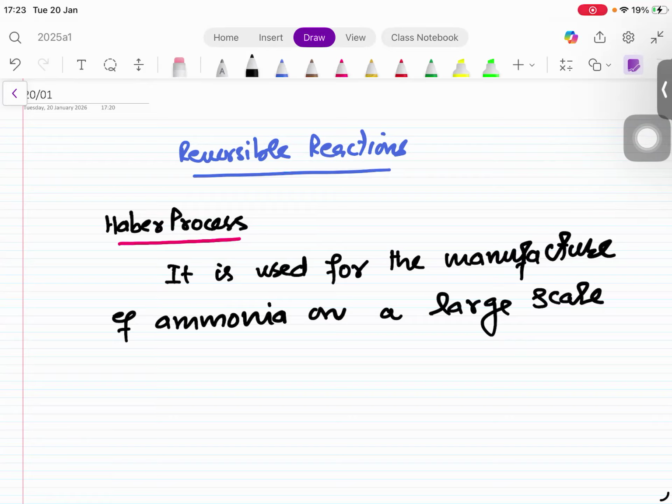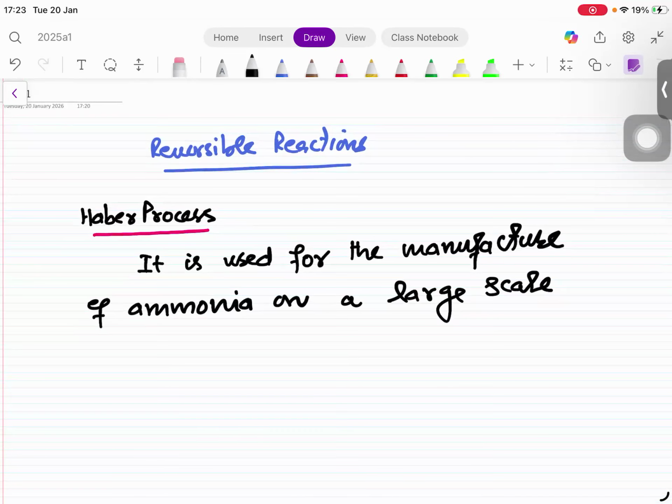Large scale means industrial method. When we have to prepare ammonia, NH3, on a large scale, on an industrial method, we can use this process known as Haber process.